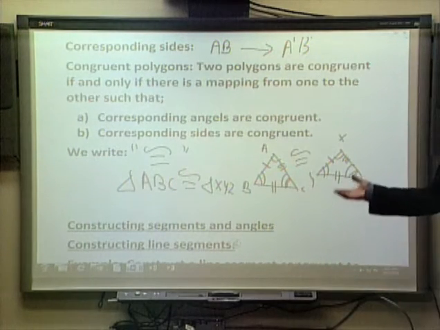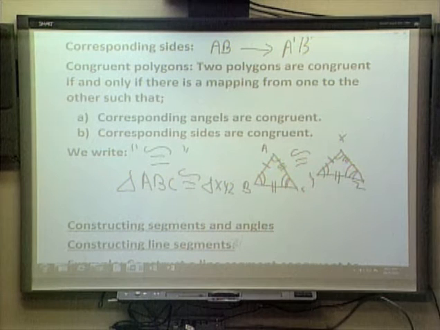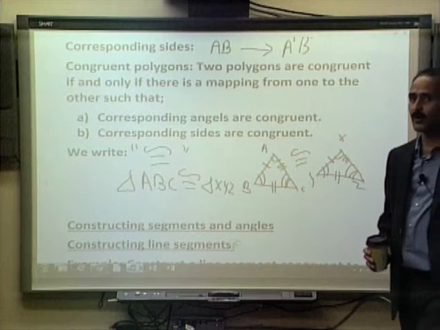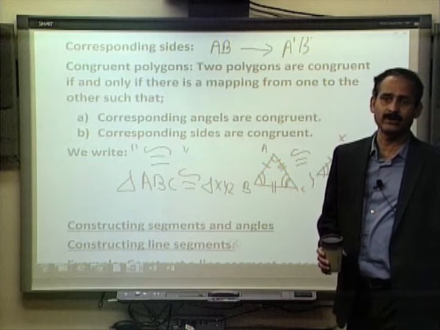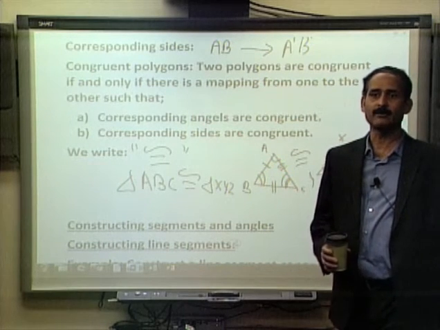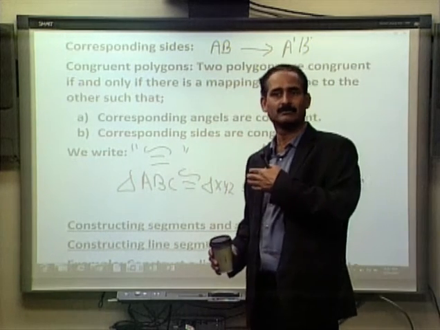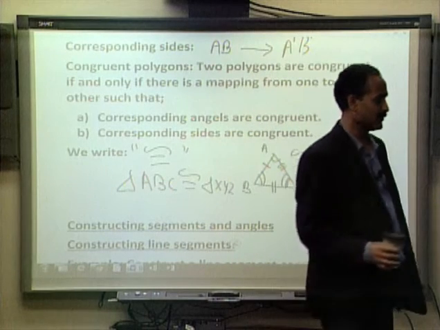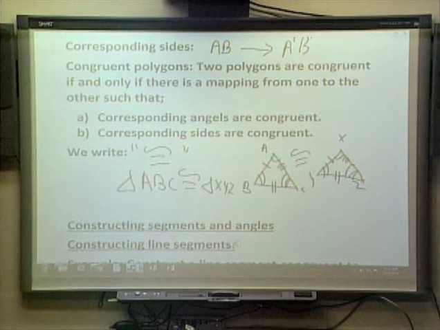So, this is an example of congruent triangles. We can have congruent quadrilaterals, congruent pentagons, congruent hexagons, heptagons. We can use the same concept of congruency for any kind of polygons.